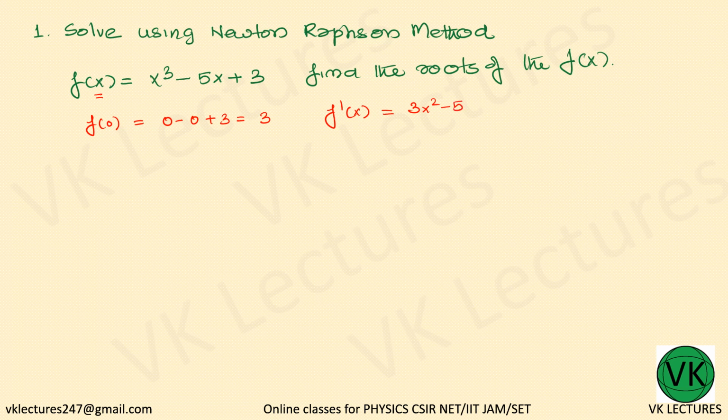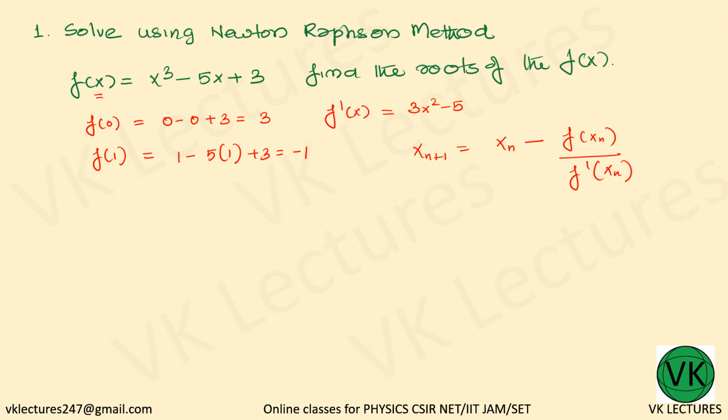Now let's also find f of 1. F of 1 is 1 minus 5 times 1 plus 3, that's equal to minus 1. Now what is the formula? For the roots, xn plus 1 equal to xn minus f of xn divided by f dash of xn.